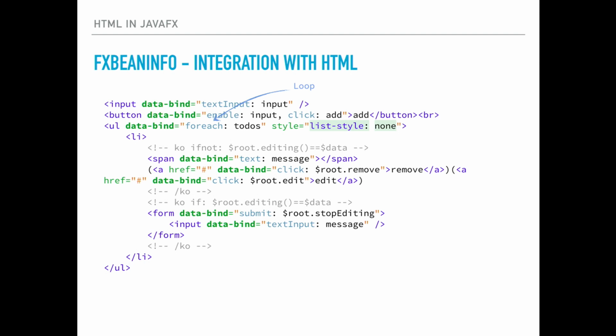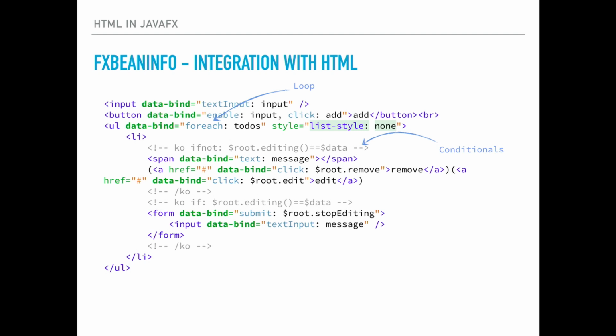So what is basically happening is the part that is inside of this unordered list, the list items, are repeated for every single element that is in the list. And so they're basically used as a template. And the elements in here are bound to the to-do element that is currently iterated over.